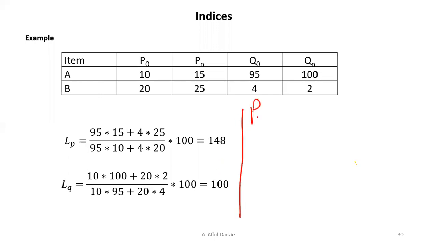All right, so we can go back to this point and compute the Paasche price index. Because it's a Paasche price index, we know the price index is PN over PO. Here it is a current weighted index, so we need the current quantity to be the weights. So let's start.